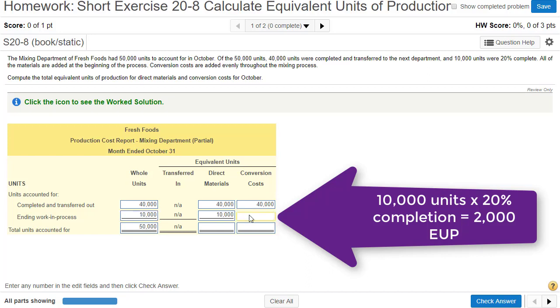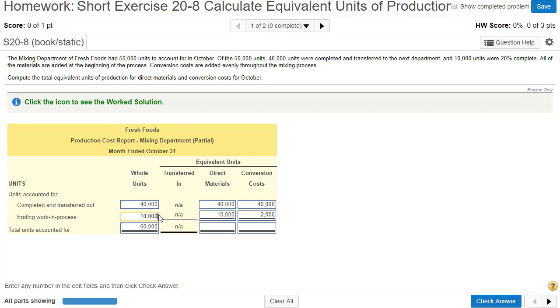So that is equivalent to 20% times 10,000, or 2,000 units. So that's the same as saying 2,000 units have 100% of the conversion costs. That's the equivalent of saying 10,000 units have 20% of the conversion costs added to them.